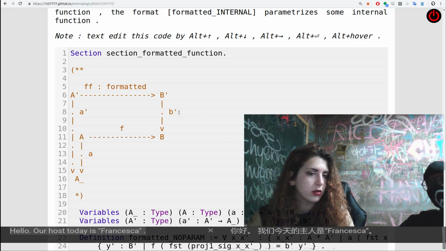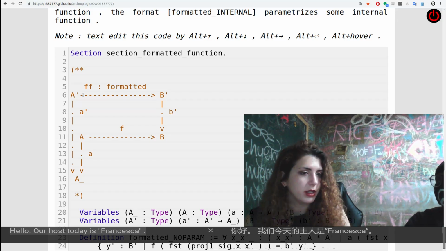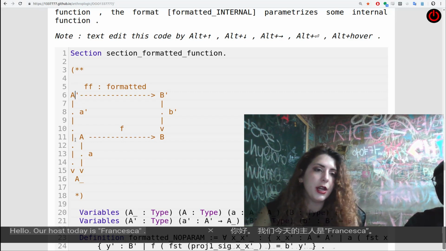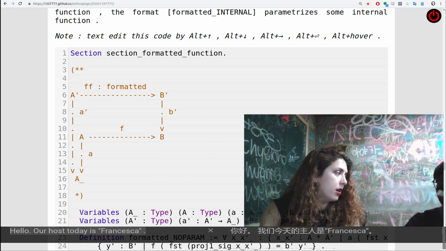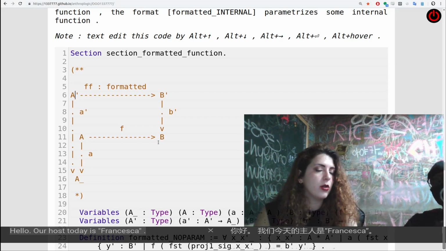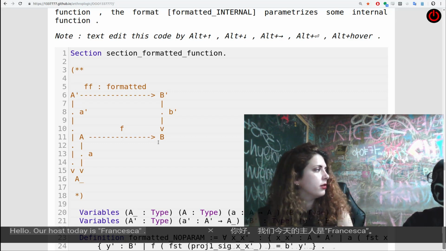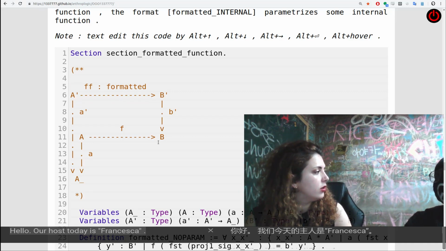So I just say that we take two things as input: I take the first A and then the second A. As output, I will take the first B and again the second B. But now you have to be careful in the words that you use when you say you take this and you take this.